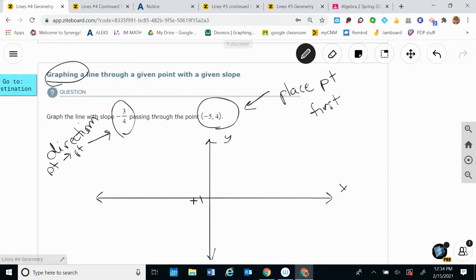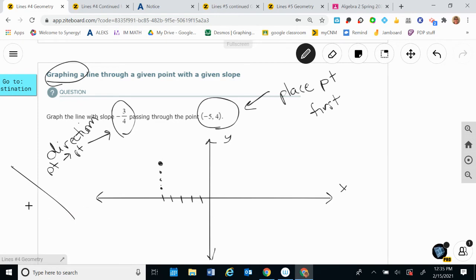First graph this point. 1, 2, 3, 4, 5, -5, 1, 1, 2, 1, 2, 3, 4. Okay, there we go. That's our point. Now we use the slope to get to the next point. So the slope says -3/4. Hopefully right away you're like, okay, it goes negative.